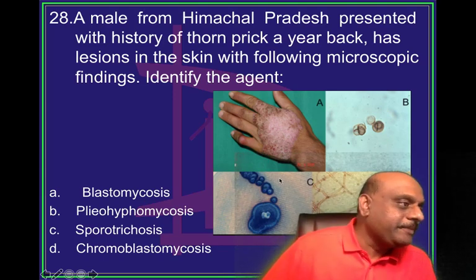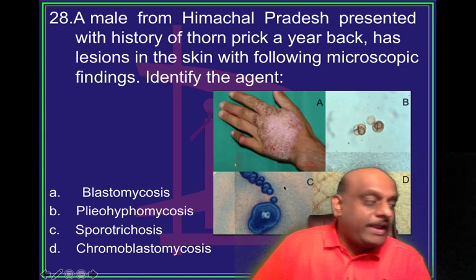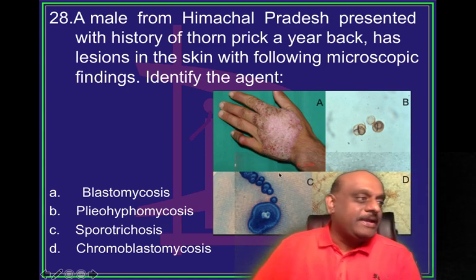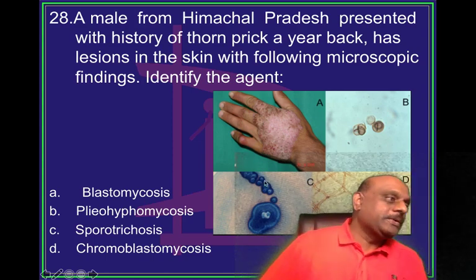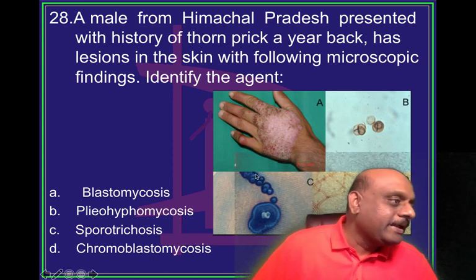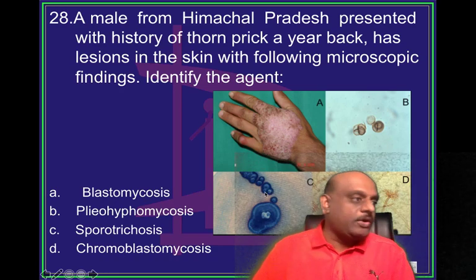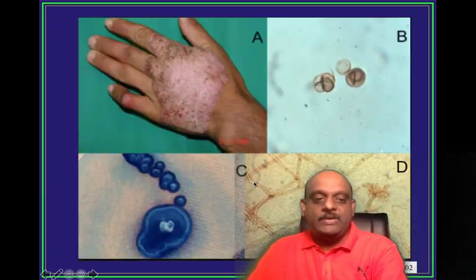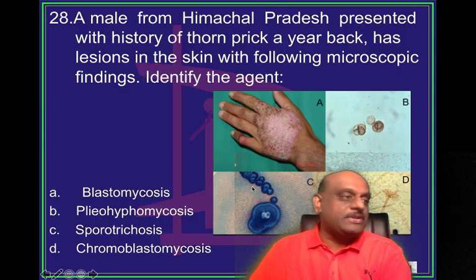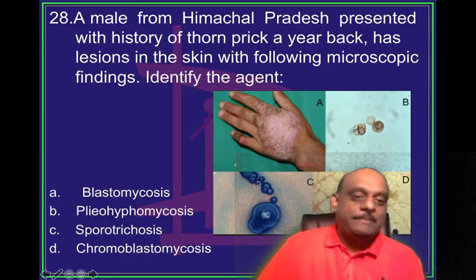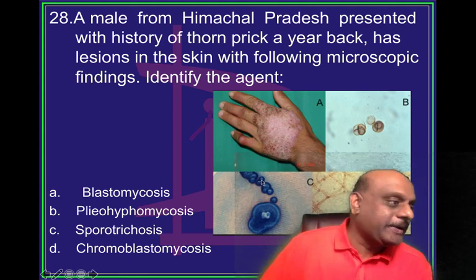Question number 28. Sudhaji is saying sporotrichosis, Rakhi also, Harita also, Malaji also, and Harshit Gowda is proposing sclerotic bodies. No, doctor. Because of the prick, you thought it as sporotrichosis. Okay.